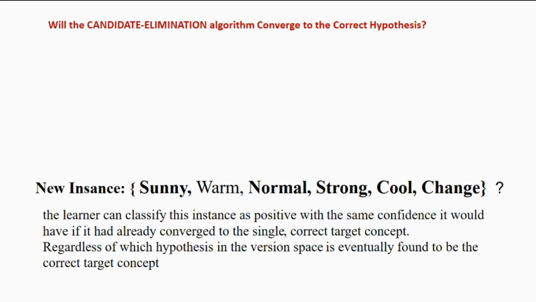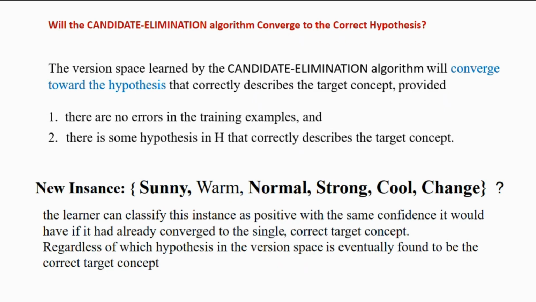Right? So now, the candidate elimination algorithm will converge towards the hypothesis that correctly describes the target concept, provided there are no errors in the training examples and there is some hypothesis in the hypothesis space H that correctly describes the target concept, right? And if suppose at the convergence stage a new instance comes, for which the concept is not learned, what may be the probable concept?